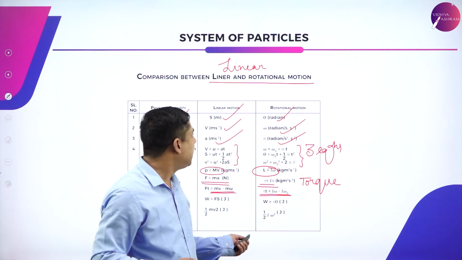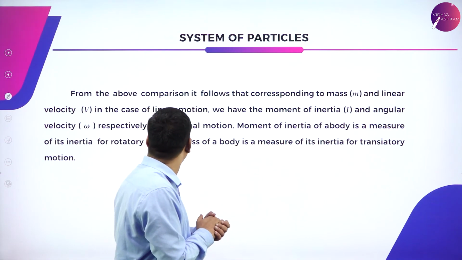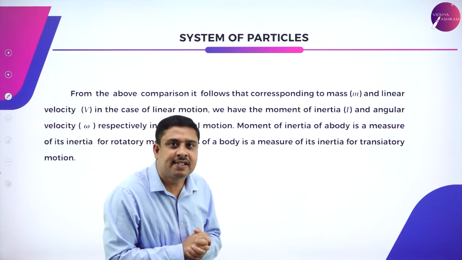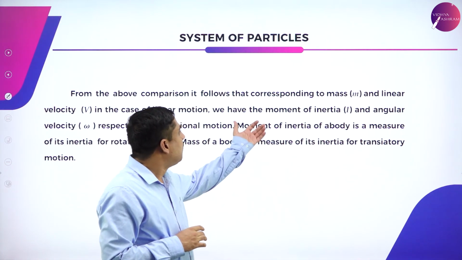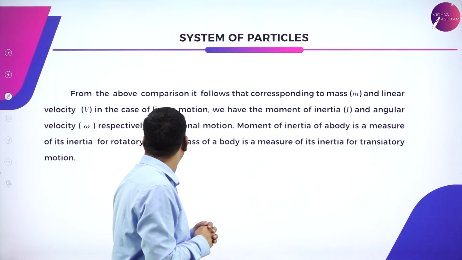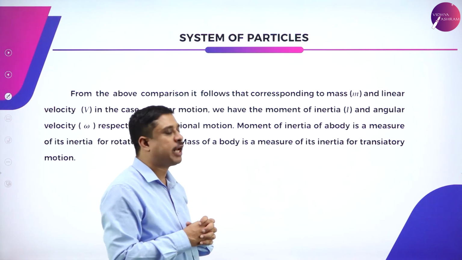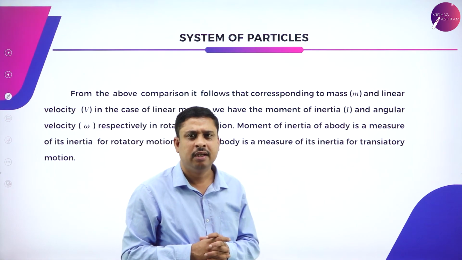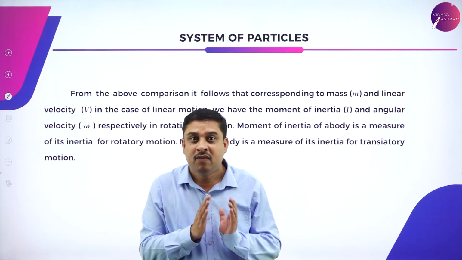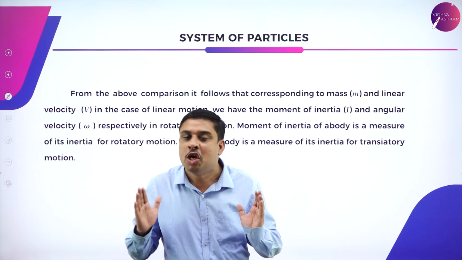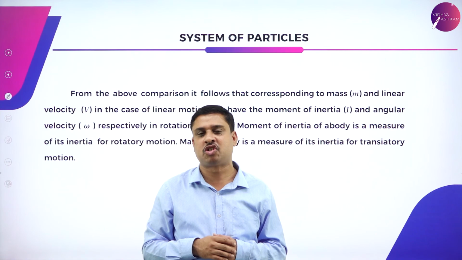So we understand here that the mass m and linear velocity in the case of linear motion, we have moment of inertia and angular velocity respectively in rotational motion. There is one chapter concept called center of mass, which I will be discussing in detail, not as a part of this chapter. I have kept it aside for discussion.